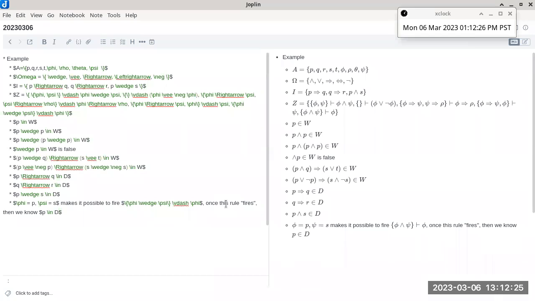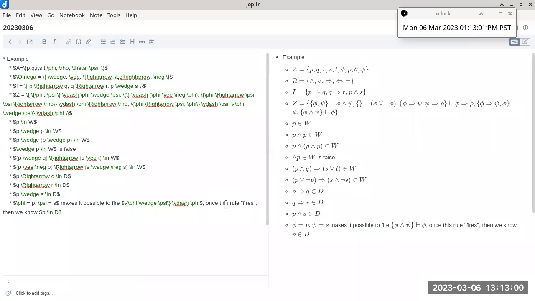So we start with things that we put into iota and say, okay, these are for sure in D. But now by firing this particular rule, we also know that P by itself is also in D. Now P is not in iota, okay? The way I defined iota earlier, P itself is not in iota. But because of using a transformation rule and also what is already in iota, now I can say that P as a well-formed formula is also in D. And D is finite as well, right?